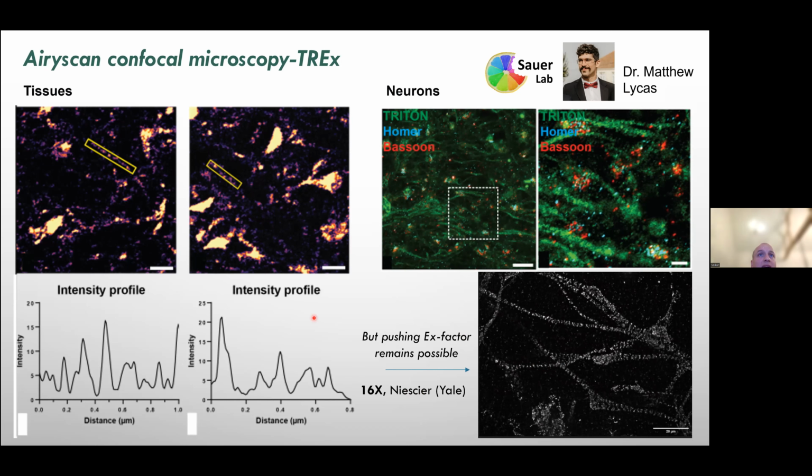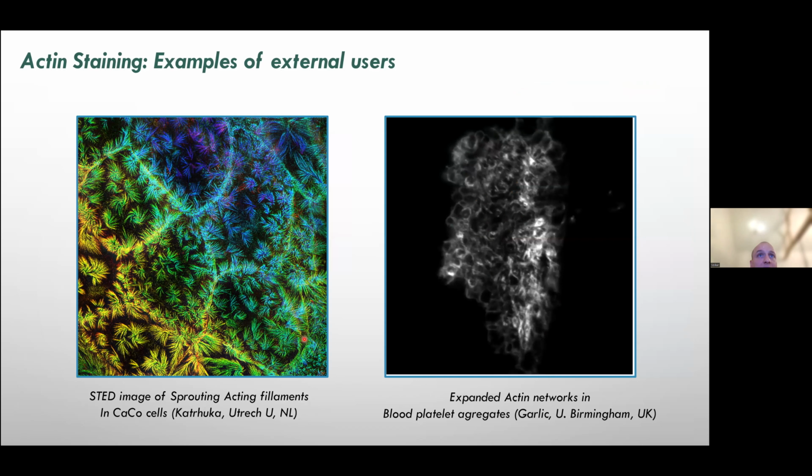Some more examples from external users to show what is possible with these reagents. Here you have sprouting actin filaments using STED microscopy by Eugene Katruka in Utrecht in the Netherlands. These are networks of aggregated platelets and their actin framework by a collaborator in the UK.